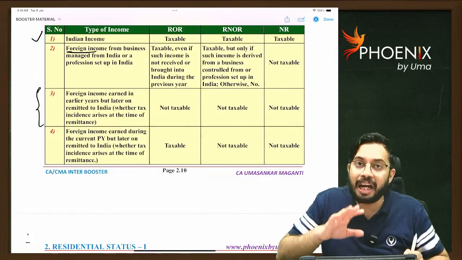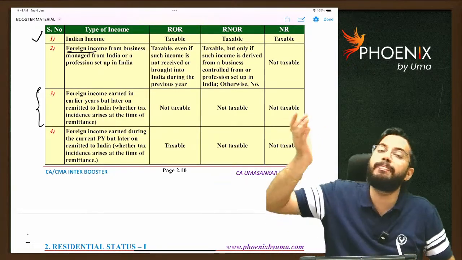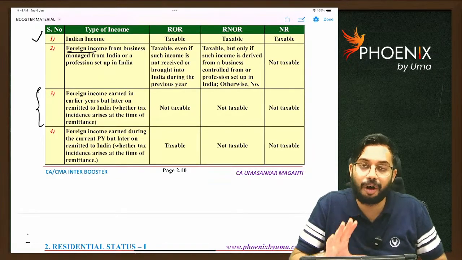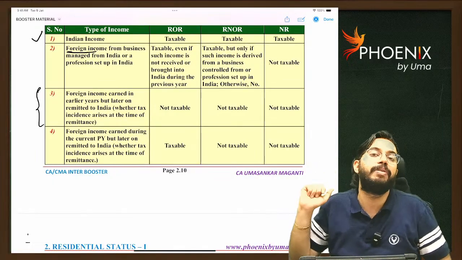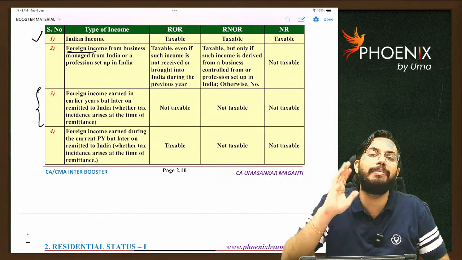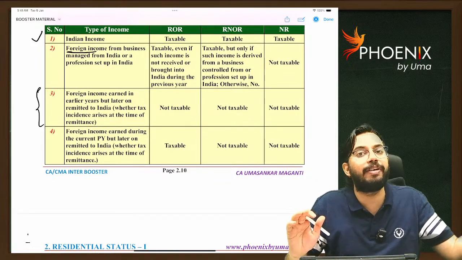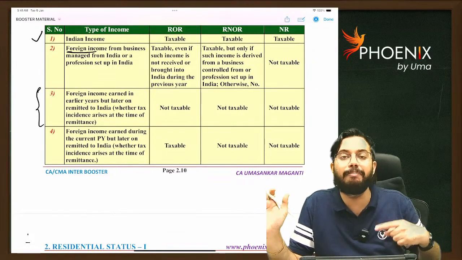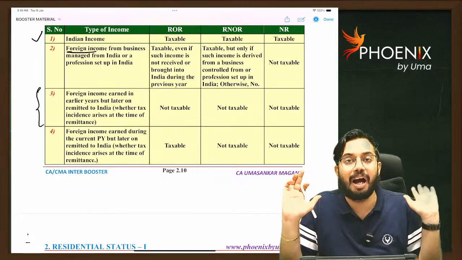That means current year foreign income earned outside India and brought to India is taxable for ROR. It is also taxable for RNOR if it is from a business controlled or profession set up in India. It is not at all taxable for non-resident. So very simple: earlier year profits brought into India are not at all taxable. Current year foreign income brought to India is taxable for ROR, and may also be taxable for RNOR.